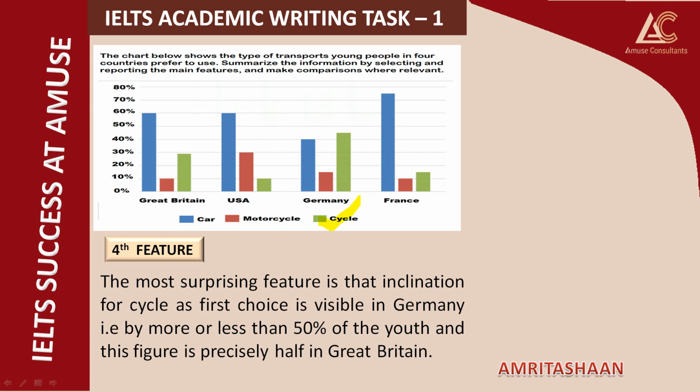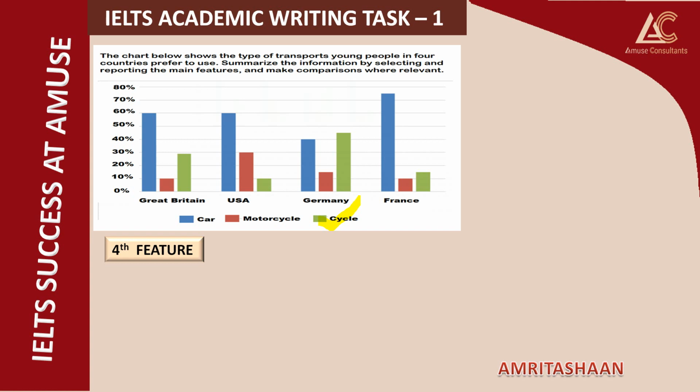And I believe that is the most interesting information, because cycle is preferred by the youth of Germany, and importantly, it is their first choice. So you can make it an interesting feature.